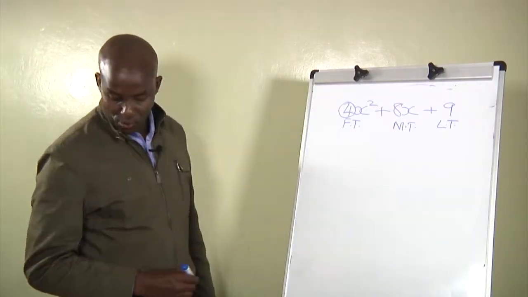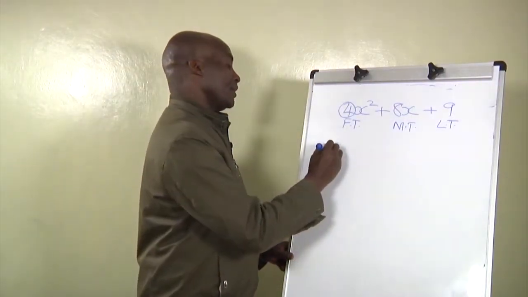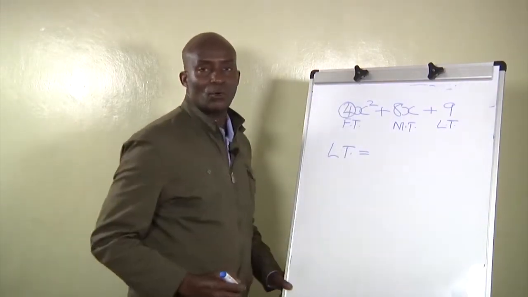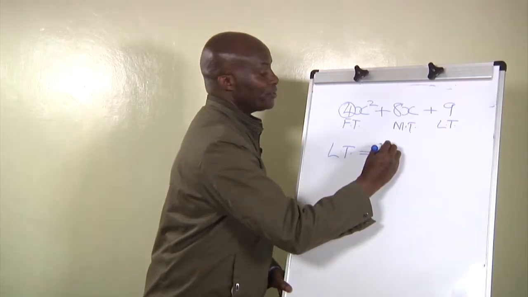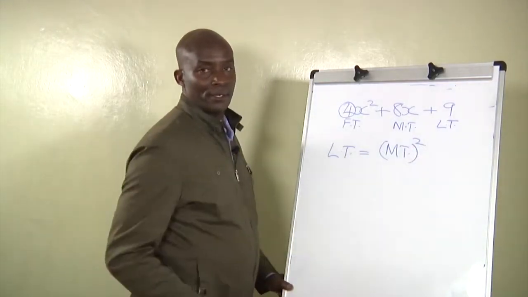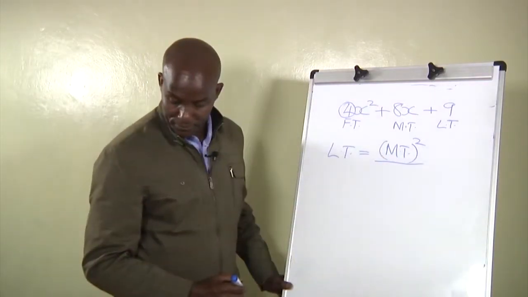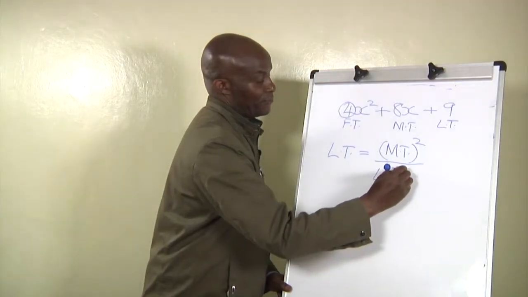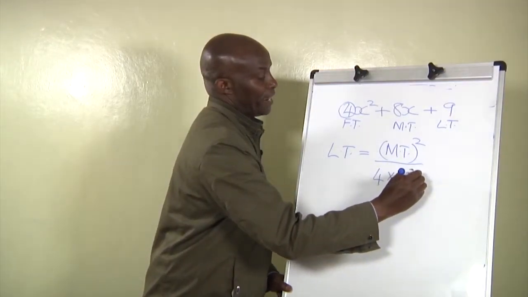And the formula we use for that matter is the last term is equal to the middle term squared divided by 4 times the first term.